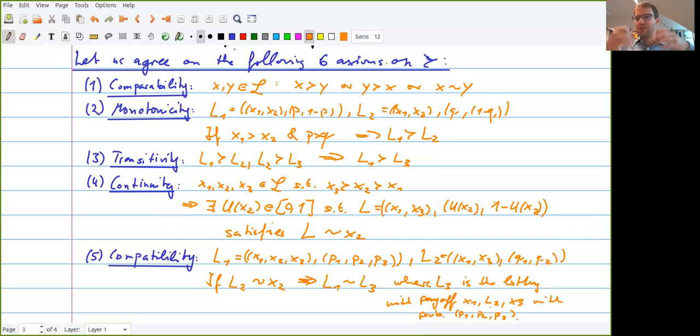So this is, again, of course, a combination of lotteries, which in the end, if you describe it as a vector, you can again describe it as a vector in x3, in xm, with the probabilities.